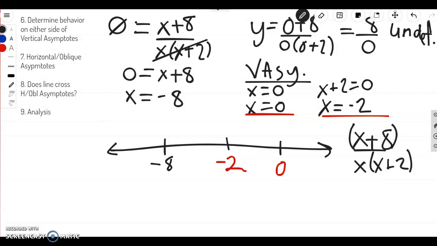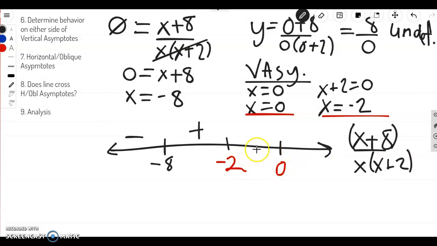I'm just going to do this really quickly. If I take like negative 10, for example, a value from here, that would make this parentheses negative, this parentheses negative, and then this factor negative. So 3 negatives will make a negative, so all values over here are negative. If I take, let's say, a value here, negative 6, that would make the first factor, negative 6 plus 8, positive, negative 6 is negative, negative 6 plus 2 is also negative, so a positive and 2 negatives is going to net us a positive value.